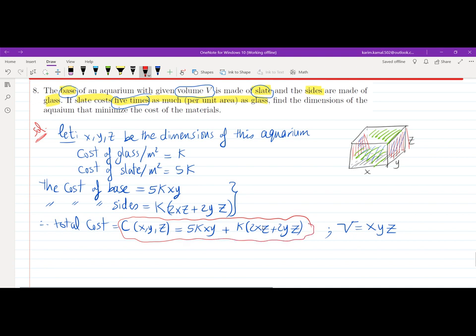Why? Since the function we have to optimize is a function of three variables, and as we stated, the second derivative test for functions of several variables is only used for functions of two variables. Then from this equation we can get z in terms of x and y: z equals V over xy. Then we plug it in this function in order to get a function of only two variables, not three.